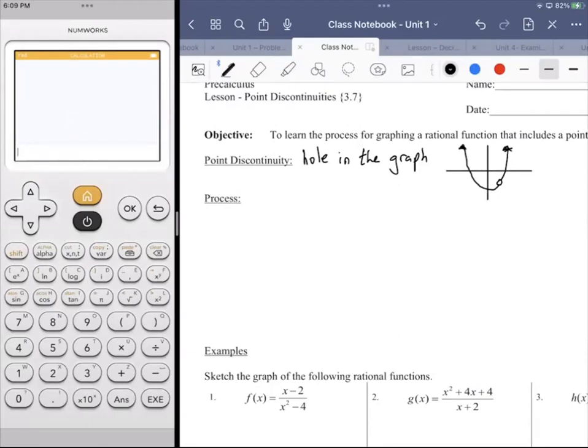So the first thing you're going to do is factor the rational function. See if there are any common factors between the numerator and the denominator.